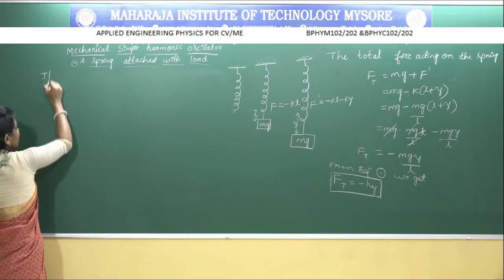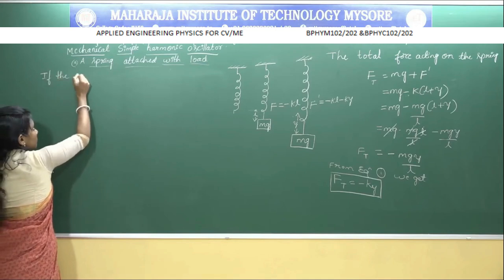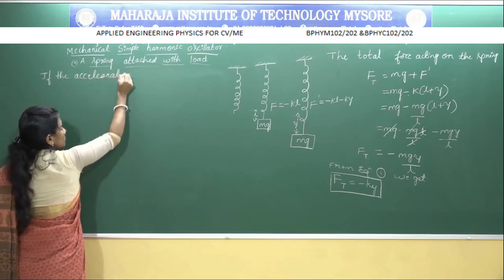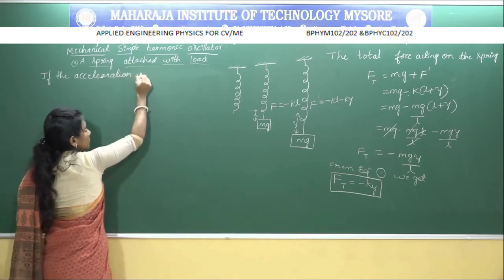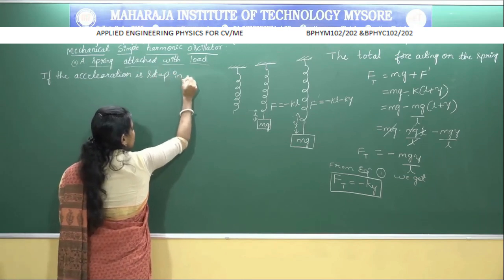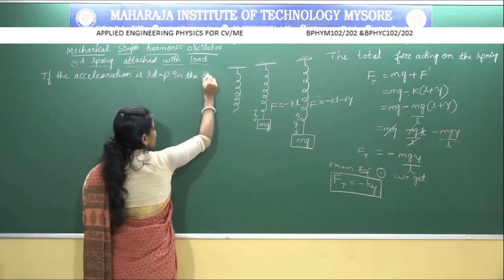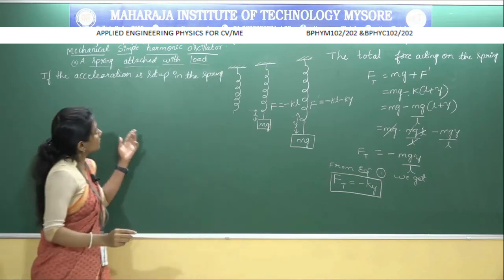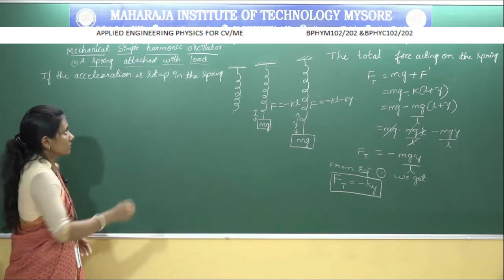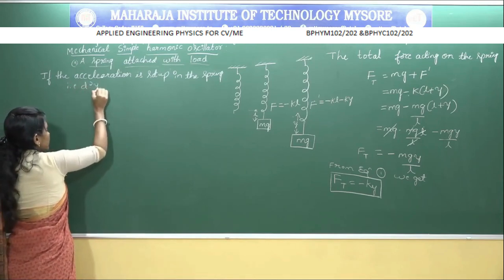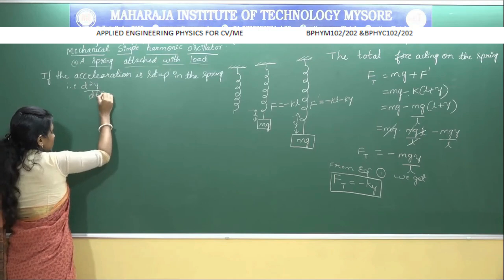If the acceleration is set up in the spring, that is d square y by dt square, then what do we get?